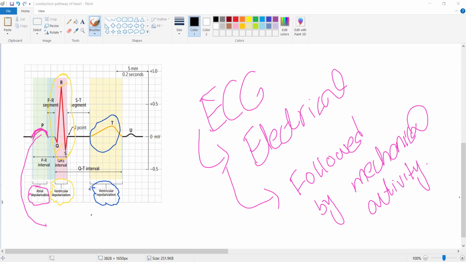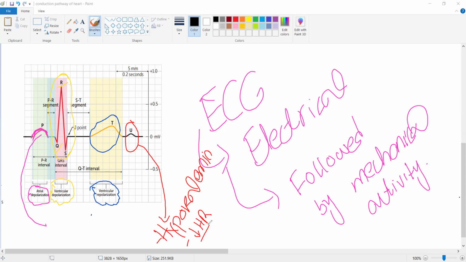What is the significance of the U wave? It indicates hypokalemia, and sometimes bradycardia, which is decreased heart rate.